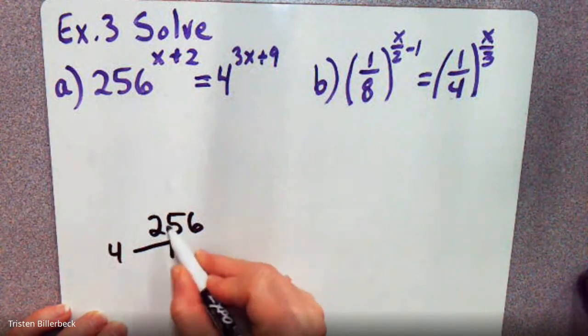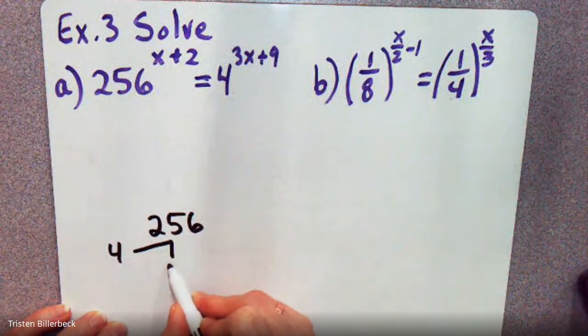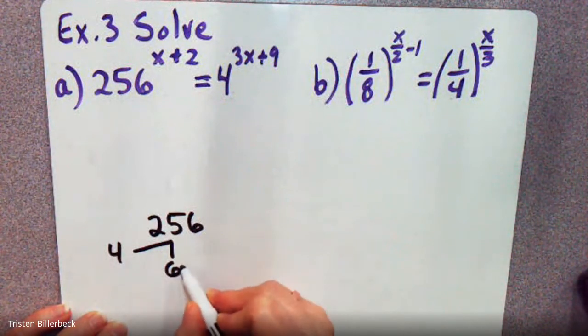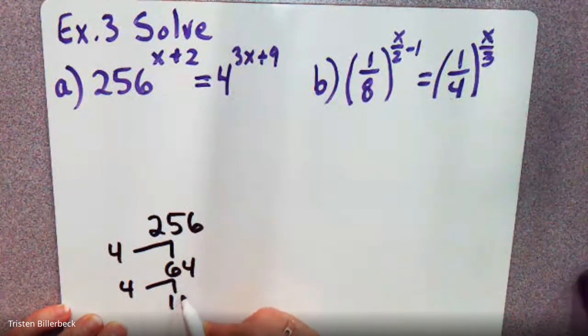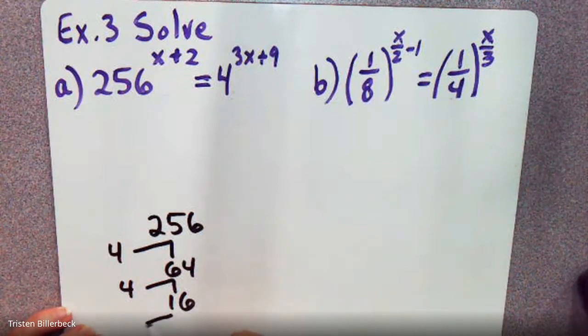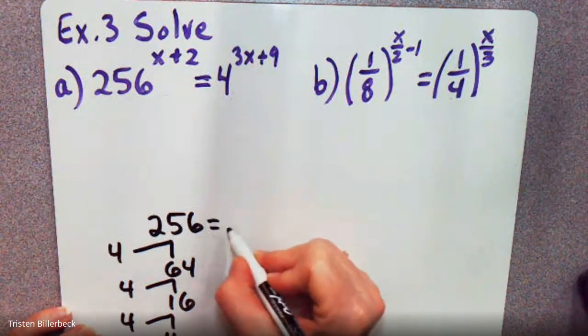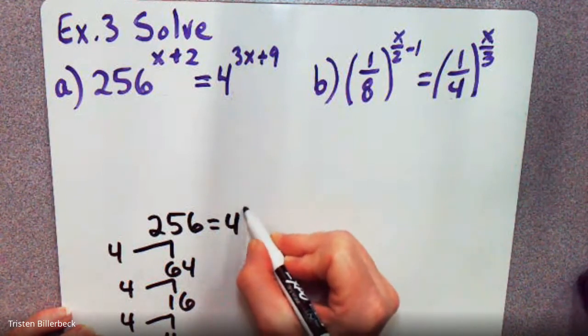So when we divide 256 by 4, we get 64. When we divide 64 by 4, we get 16. When we divide 16 by 4, we get 4. So now we know 256 is 4 to the 4th.